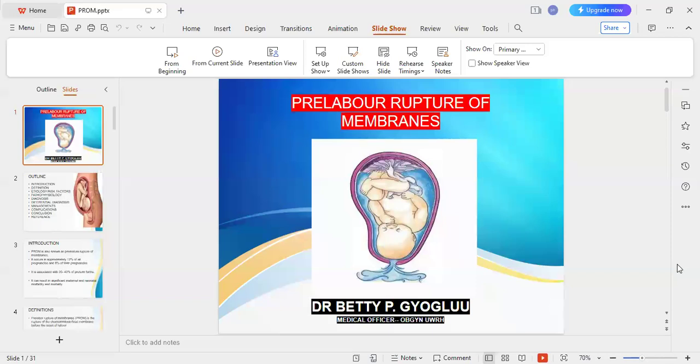But such delivery must be monitored and must take place in a place where there's a specialist and theater services, because complications can occur, which include uterine rupture. So that when there is close monitoring and these complications occur, you can quickly go to theater and save both mother and baby.